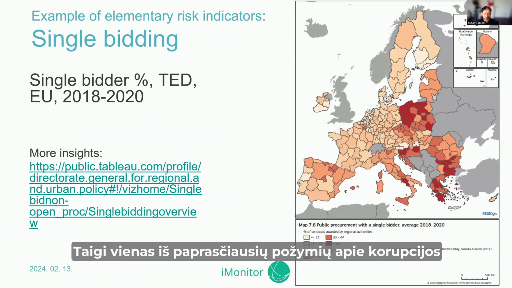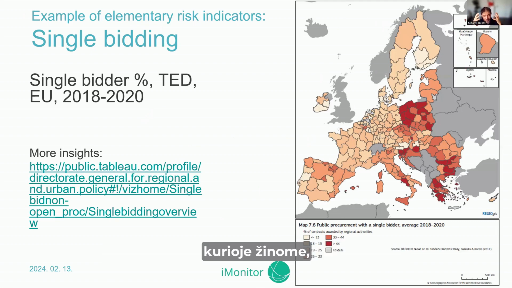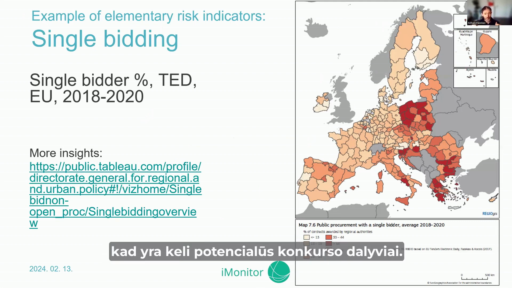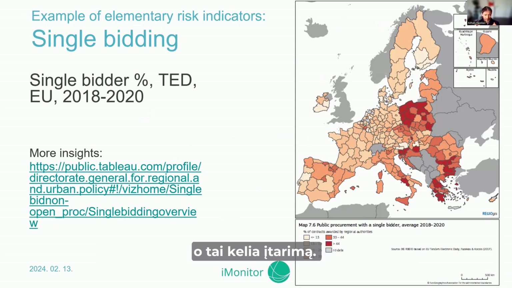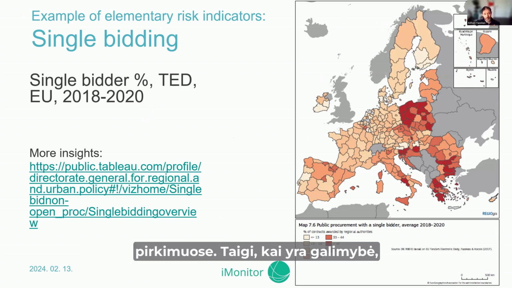So one of the simplest indications of corruption risk in public procurement is when you take a competitive market, a market where we know that there are multiple potential bidders, but then the tender only received 1 bid. And that's suspect, and that's in line with our corruption definition, because avoiding competition is a necessary precondition for us to talk about corruption in public procurement, right?